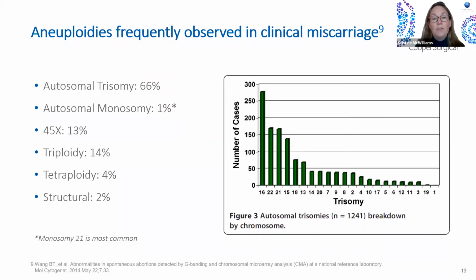However, trisomy 22, 21, 15, 18, 13, and 14 are also quite common, with most of these being represented by the so-called acrocentric chromosomes. Autosomal monosomy, in contrast, is rarely seen in clinical miscarriage, with monosomy 21 being the most commonly observed when it is detected. And again, 45X, triploidy, tetraploidy, and structural errors are commonly observed as well.